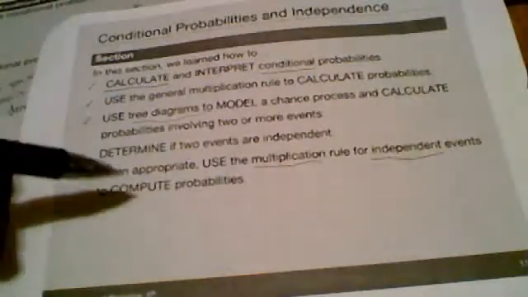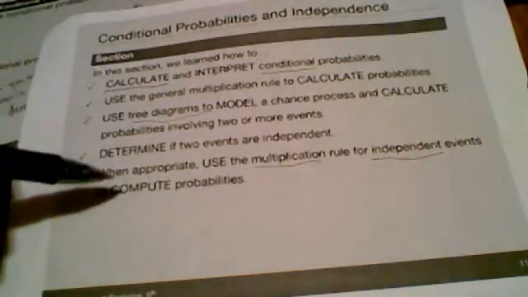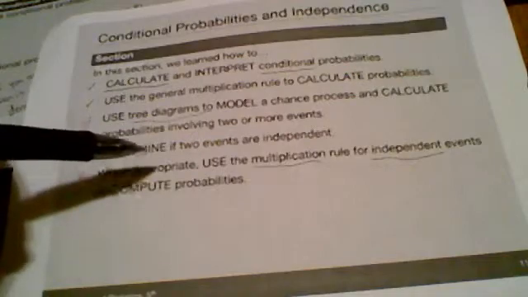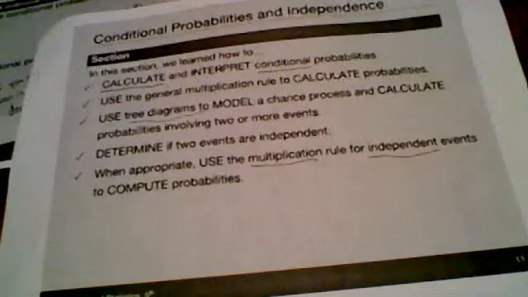Tomorrow goes through more of the independent, and then when appropriate you're going to have to use the multiplication rule for independent events, and that was just what we did in the last problem with the space shuttle.